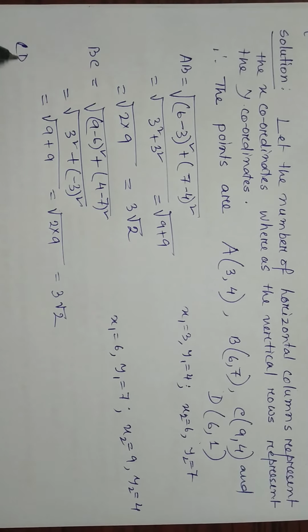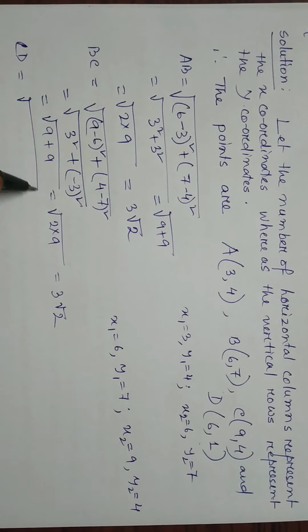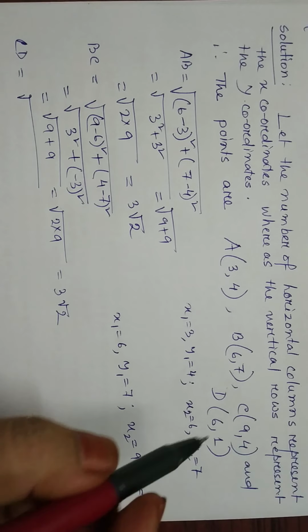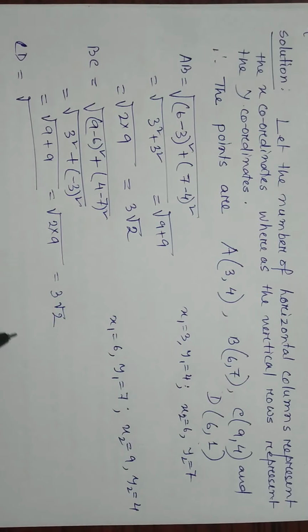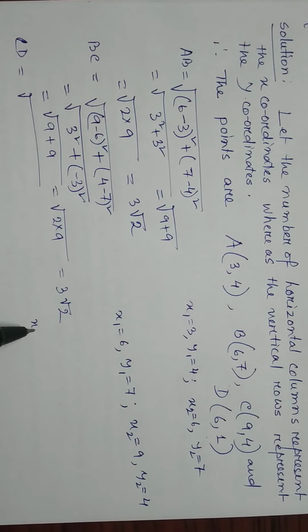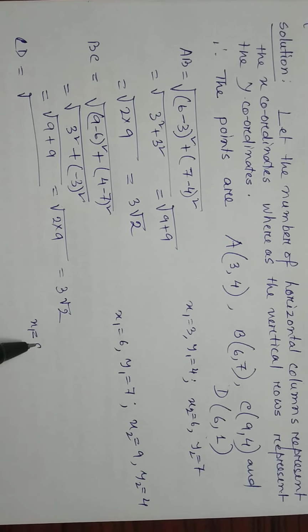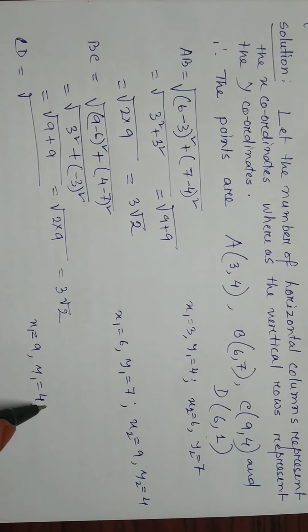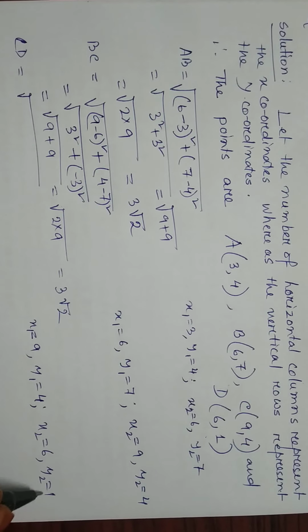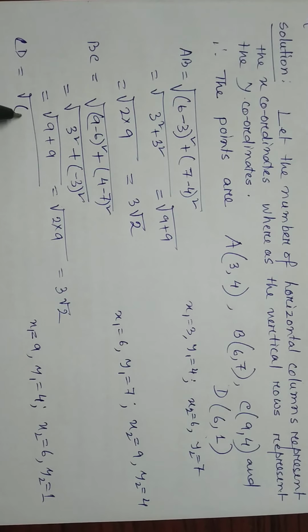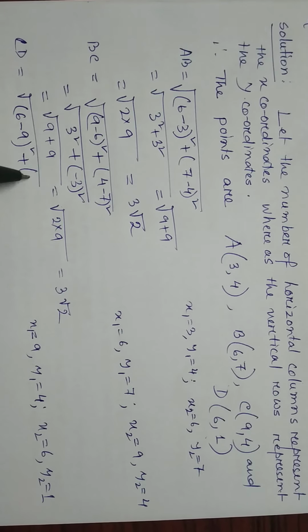Now CD. CD means points C and D. C point: x1 is equal to 9, and y1 is equal to 4, and x2 is equal to 6, and y2 is equal to 1. Therefore 6 minus 9 whole square plus 1 minus 4 whole square.